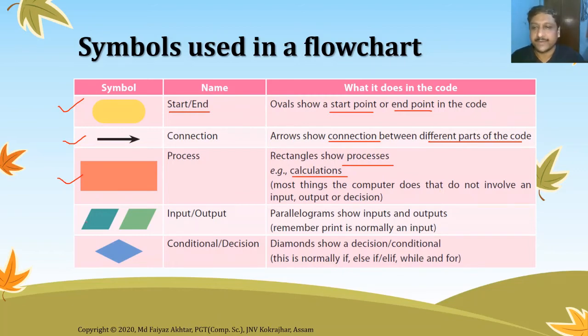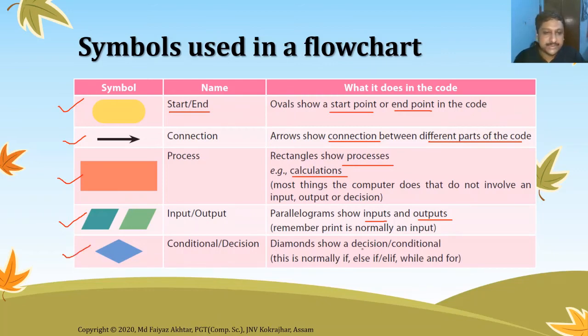Now this is input output, the parallelogram. A parallelogram shows input and output. Remember, print is normally an output, but here we can treat it as input because the same type of box is needed. Now this is the conditional, the diamond shape.